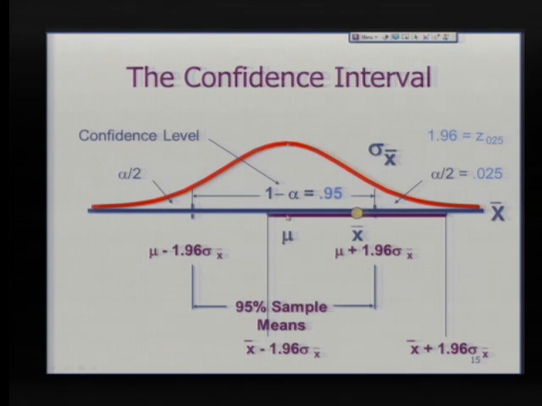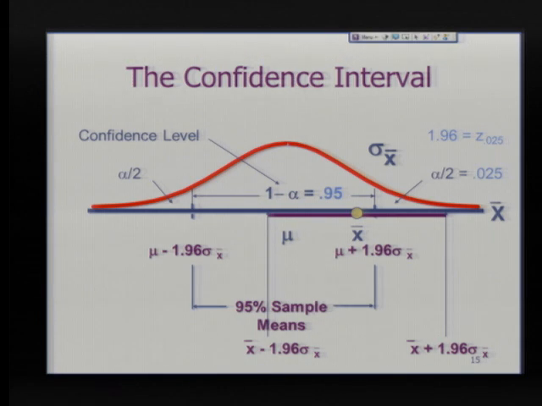Again, this true mean we do not know, but this interval gives us an idea. If the true mean is over here, and you happen to get a point within that 95%, then this interval covers the true mean. So this is telling us that when you're doing a confidence interval estimate, in practice there is a possibility that you get a sample point so far away from the actual mean you try to estimate that your interval is not correct.